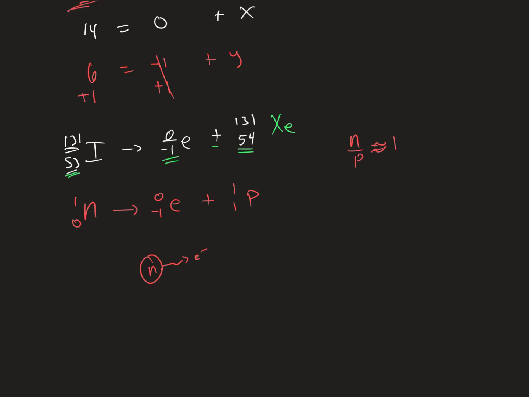But let me just draw this here. So if we have 1, 2, 3, 4, 5, 6 protons, 1, 2, 3, 4, 5, 6, 7, 8 neutrons holding it together. Now what happens is maybe in this one right here, an electron pops off, and all it does is turn that neutron into a proton. And since it has more protons now, it has to be a different element.